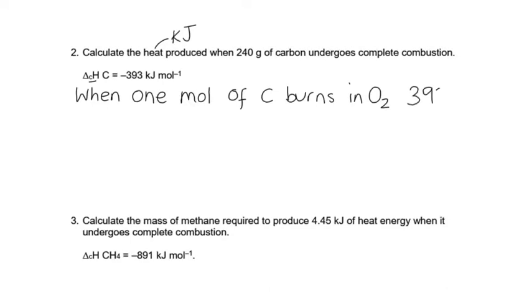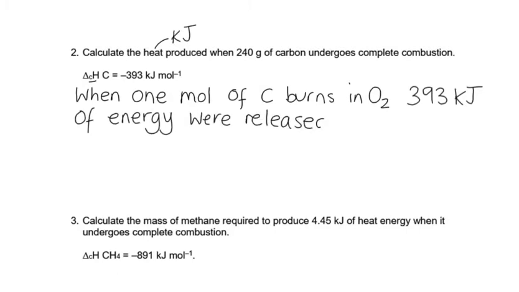The 393 kilojoules of energy were released. The minus is the released. If it was taken in, it would have a plus. So one little set of numbers and squiggles says an awful lot. It's in kilojoules per mole. For 1 mole we get 393.